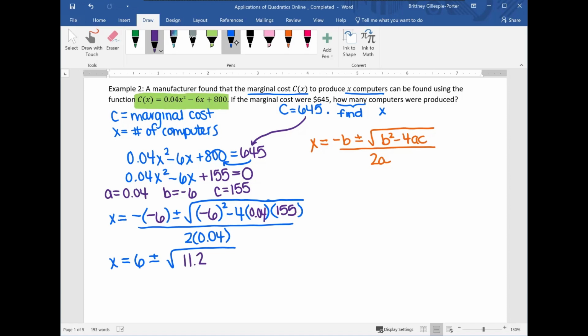If you are getting anything else, double check your parentheses. All over 0.08. Take the square root of 11.2. We have 6 plus or minus the square root of 11.2, which gets us 3.3466. And then we have the 0.08 in the denominator.